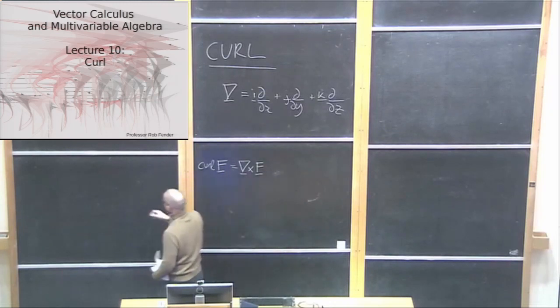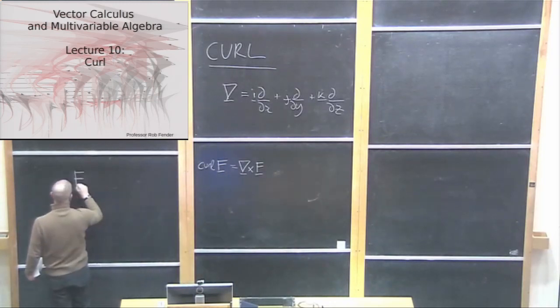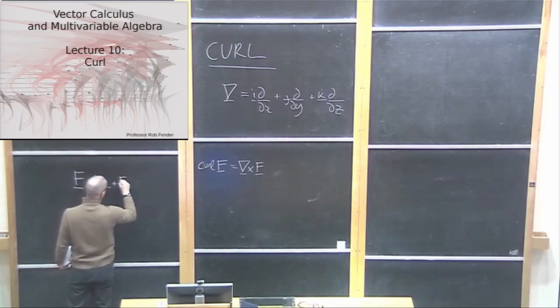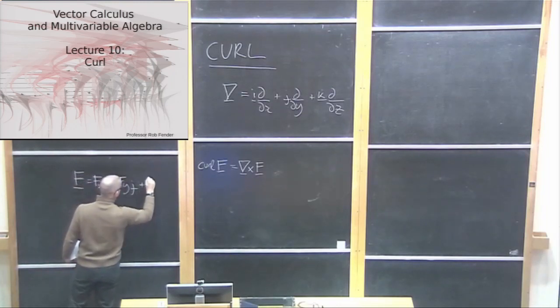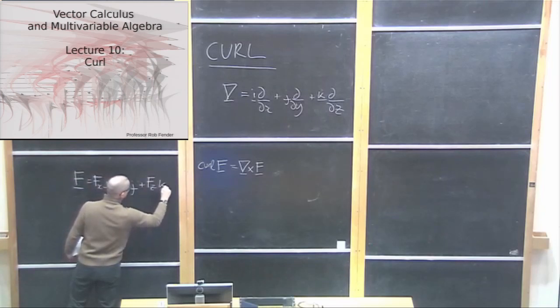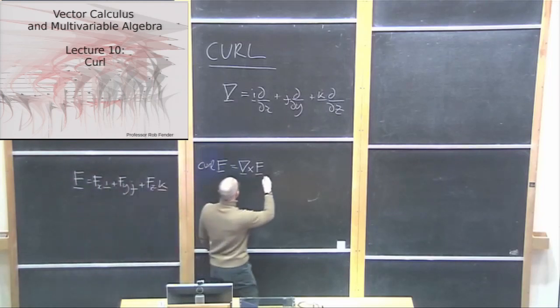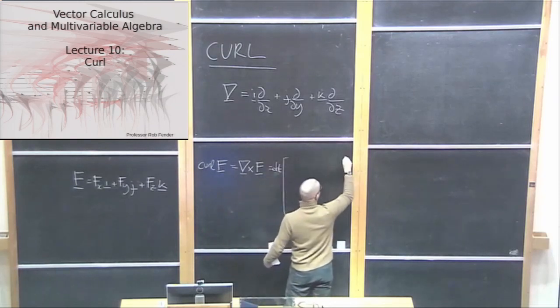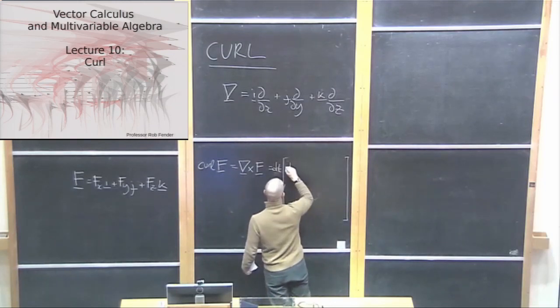So if again your vector field is defined like this, then the curl of that vector field is the determinant of this matrix.